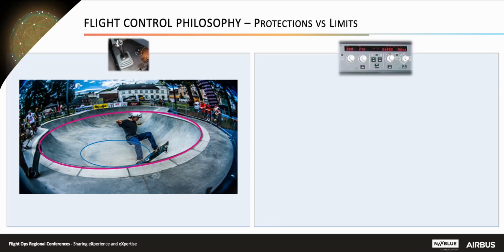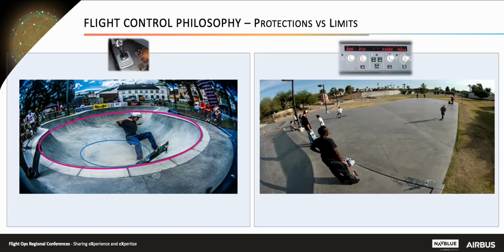In normal operation, this skater will always come back at the bottom of the ball, represented by the blue circle. On the right side, the skater can skate on the flat red circle. This could symbolize the autopilot area of operation. The autopilot can operate within the red circle, and if the autopilot reaches this limit, it will disconnect.